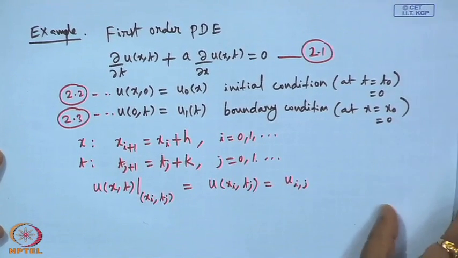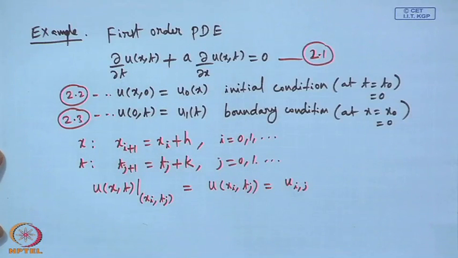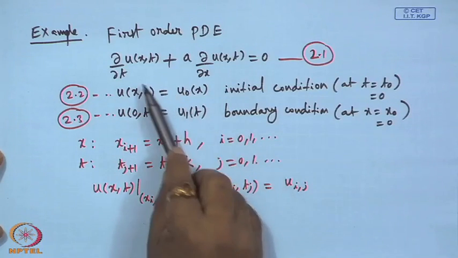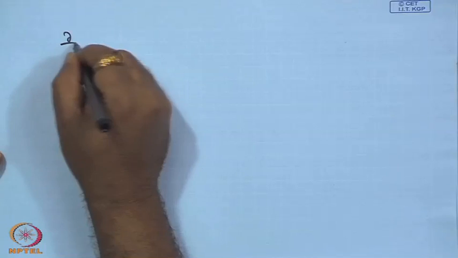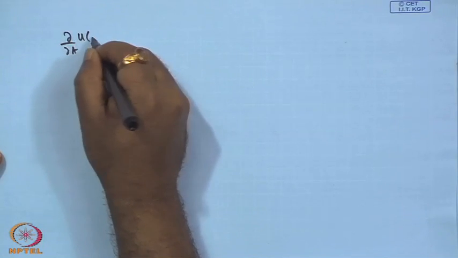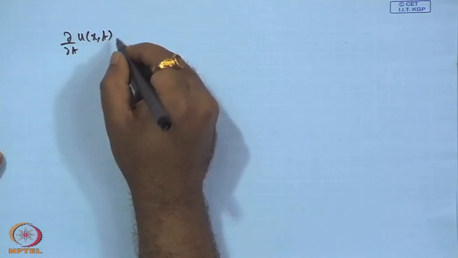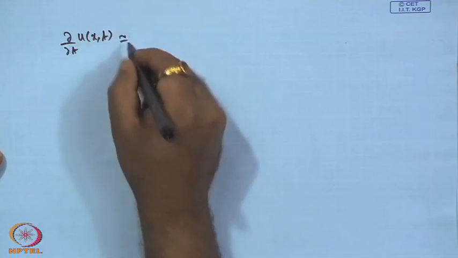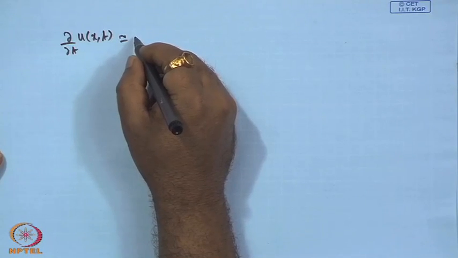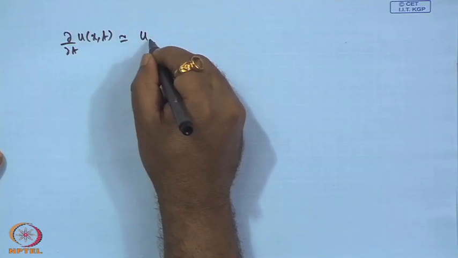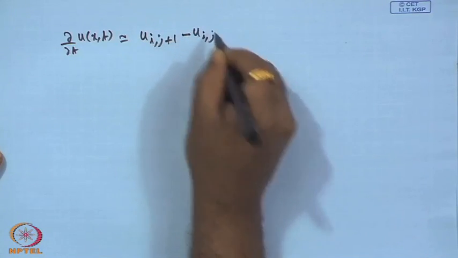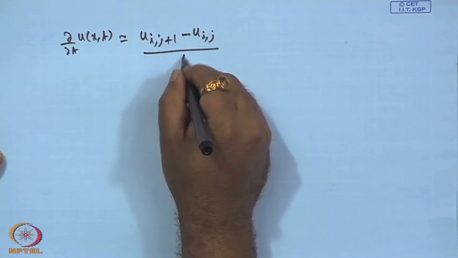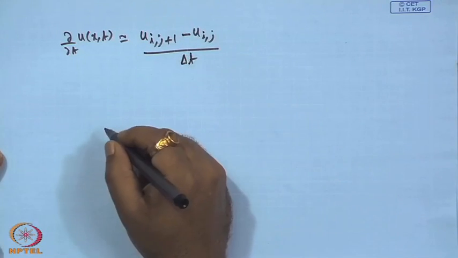Okay. So, now with this notation let us approximate the first derivative as follows. So, dou by dou t of u of x, t. Okay. Of course, at a point x_i, t_j. So, this will be forward time difference by delta t. Okay.